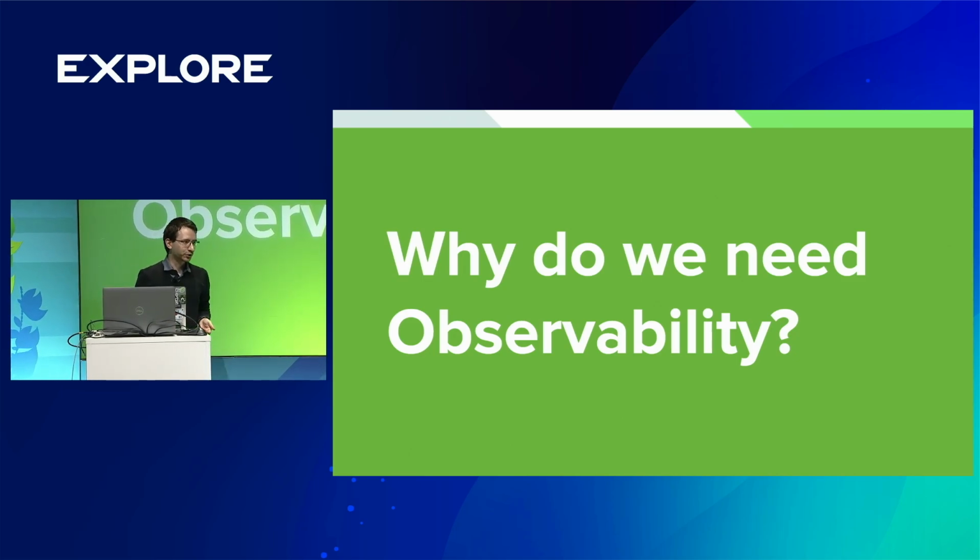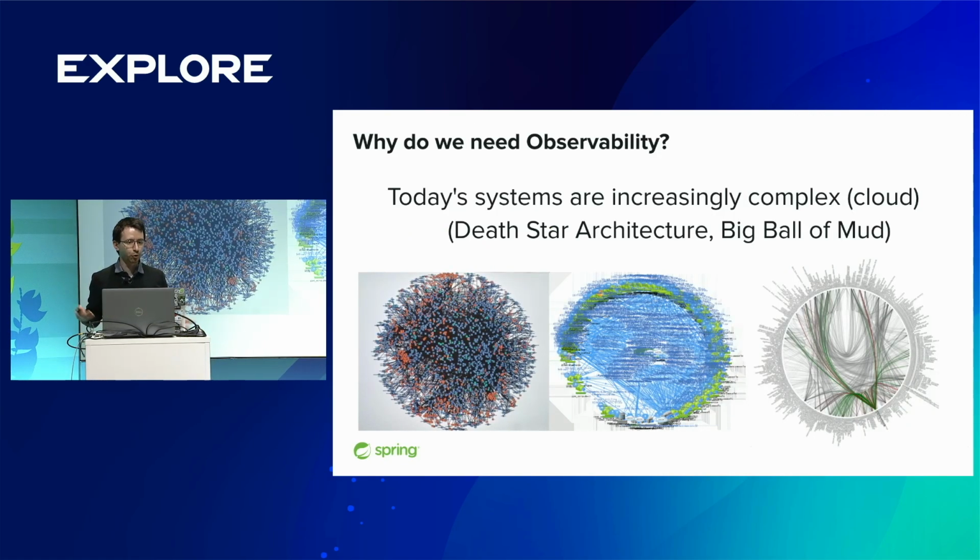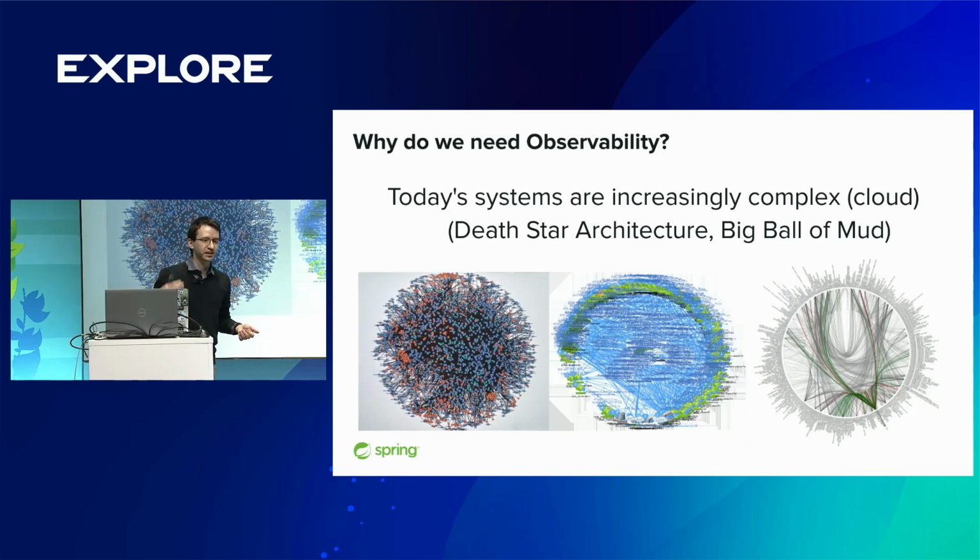The one-word answer to this is because of complexity, because today's systems are insanely complex. We live in the cloud era. We have these Death Star architectures or big balls of mud. If you haven't heard about those, just look at the pictures. This is Amazon, Netflix, and Twitter 10 plus, 15 plus years ago.